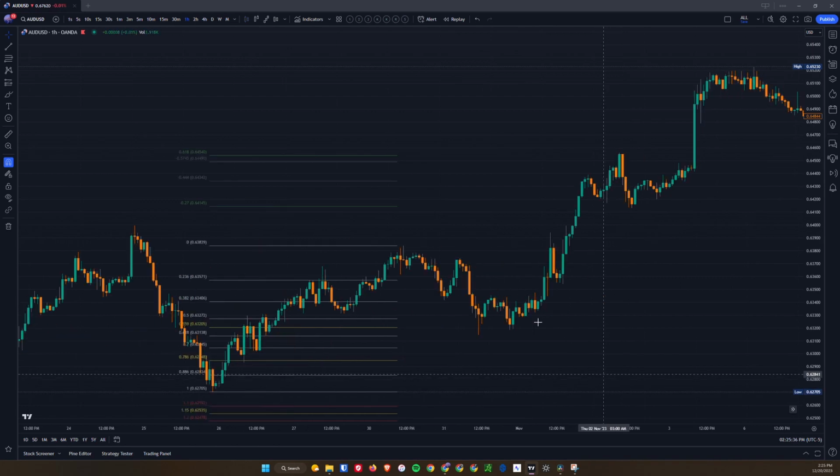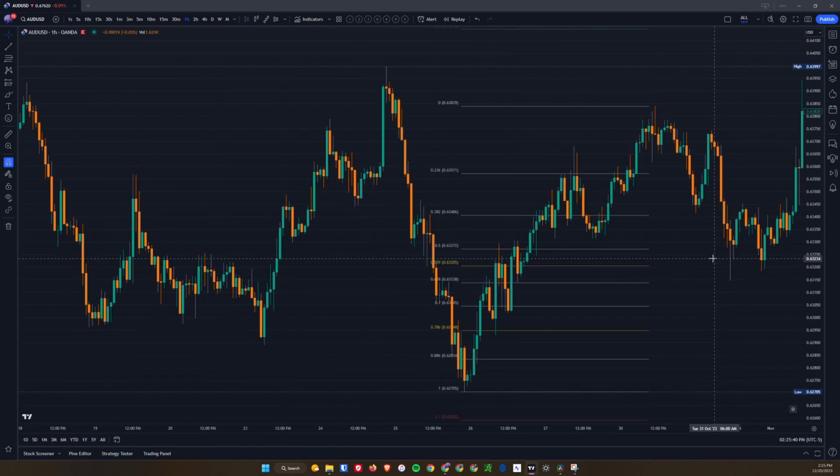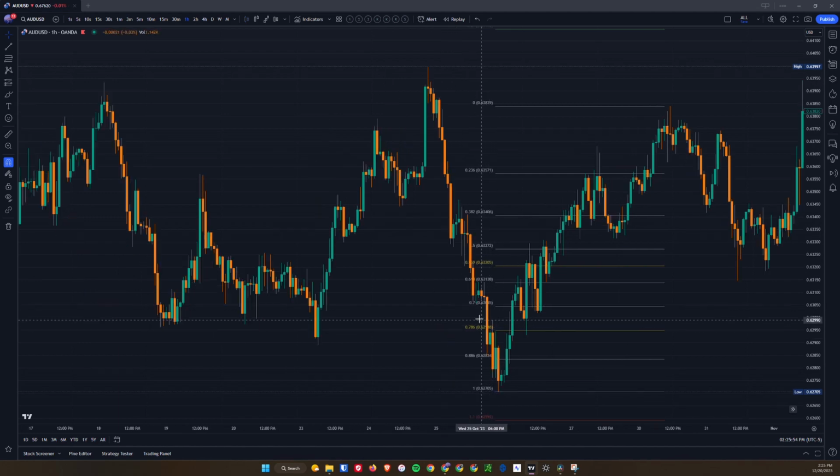And then for retracements, I use all these lines in between here. Really, the main focus is, I would say, the 0.382, 0.236, 0.618 slash 0.559, and 0.786.